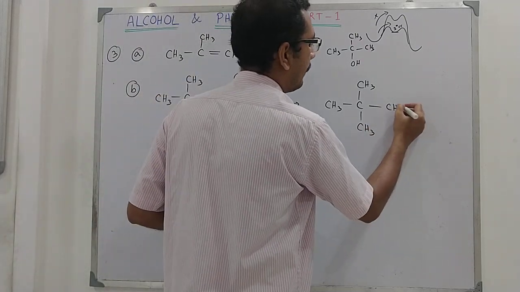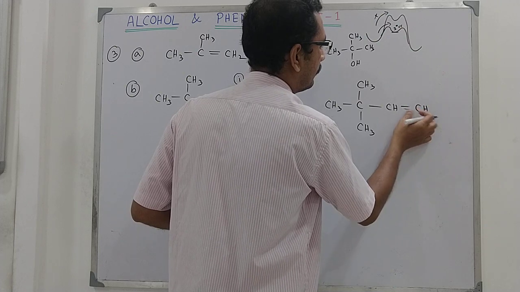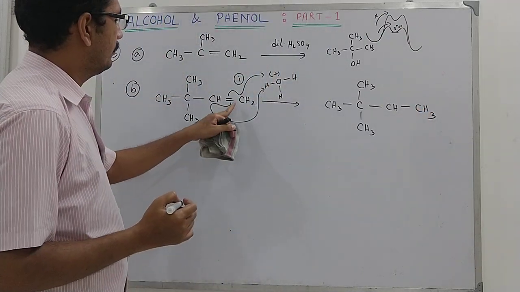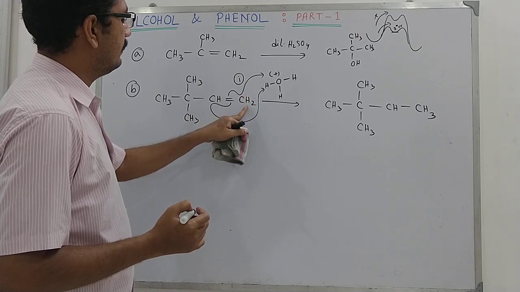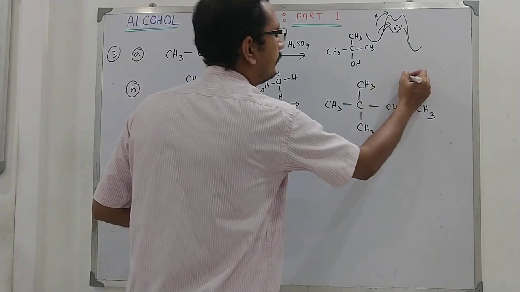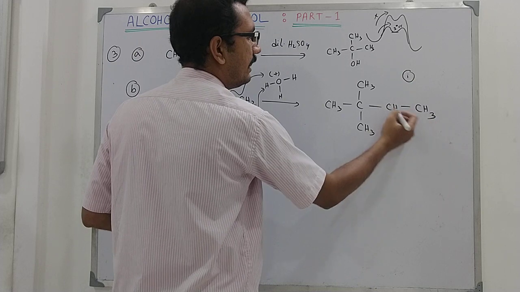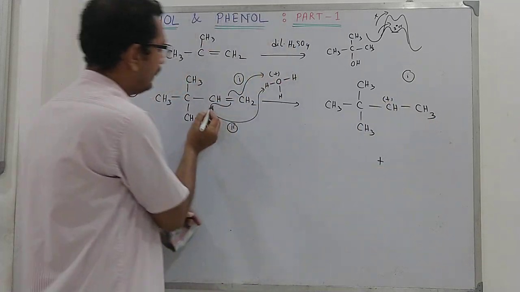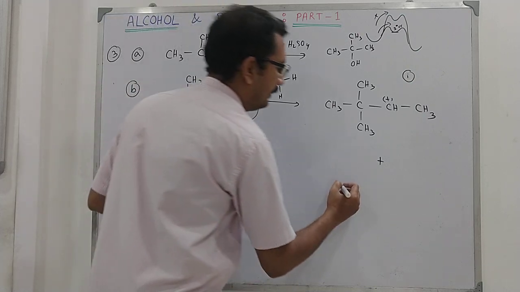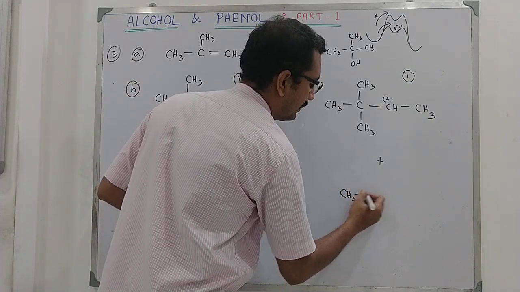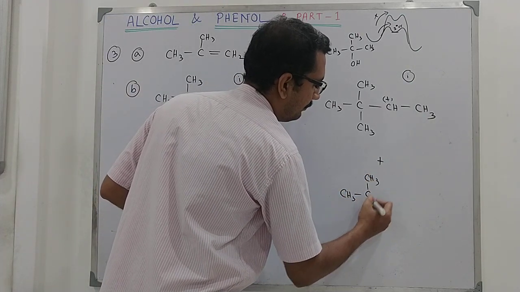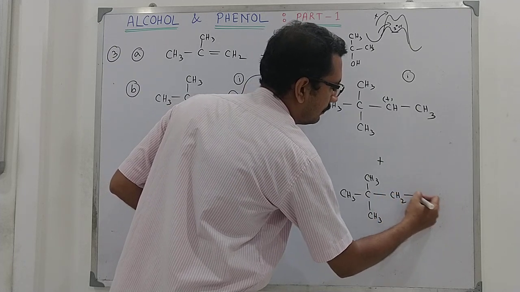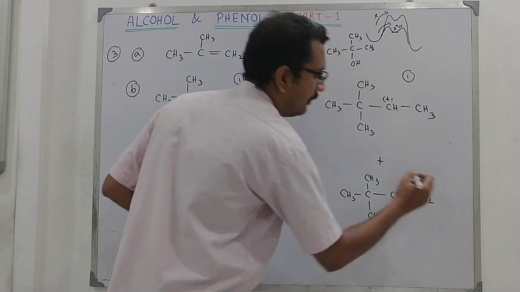So it will give us, if the H plus attacks at this site, that is path 1, it will give us CH3 here and plus here, and if it attacks at this site, there will be carbocation at the terminal position. So we have probabilities of 2 such carbocations.